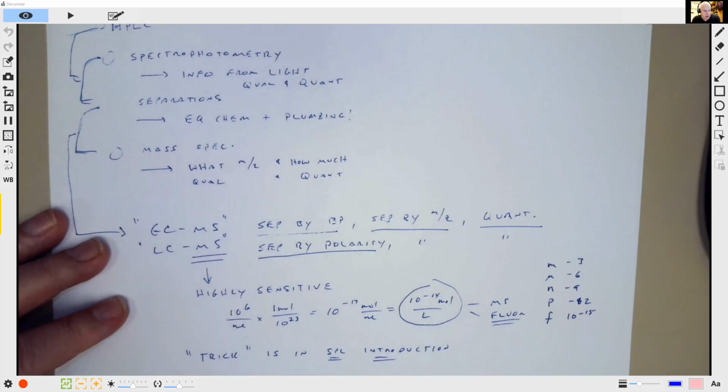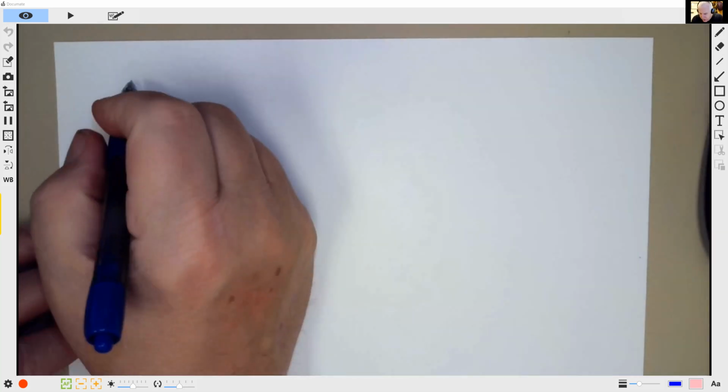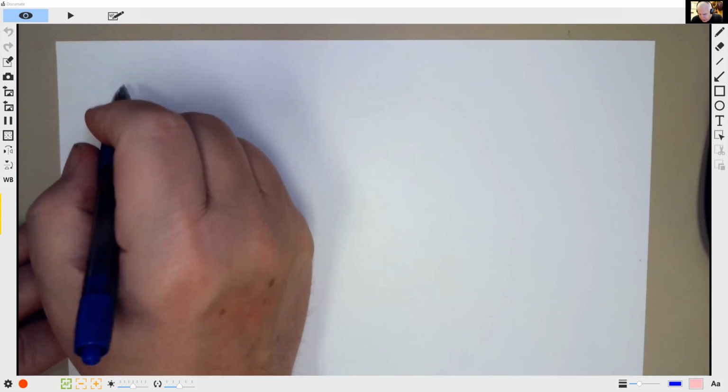Right? And let's talk about sample introduction here in the next foil. So, sample introduction in GCMS or any MS method, right?